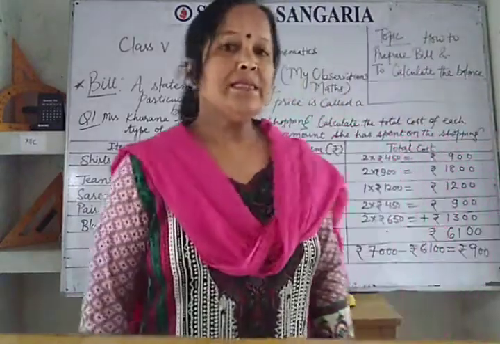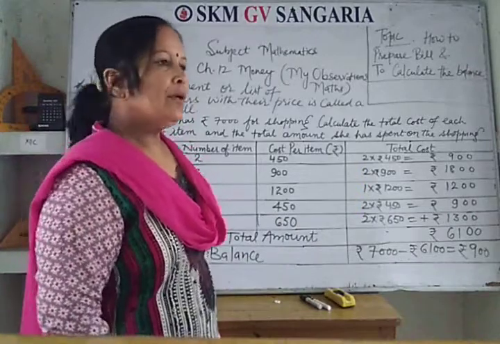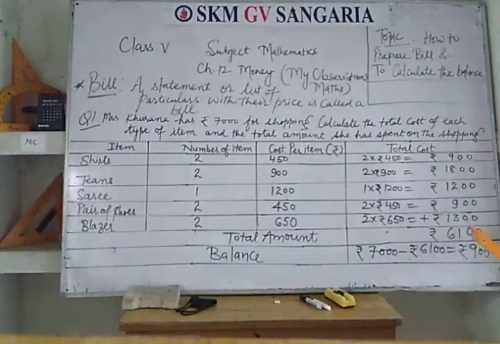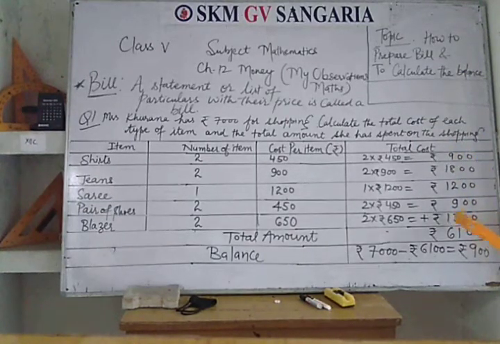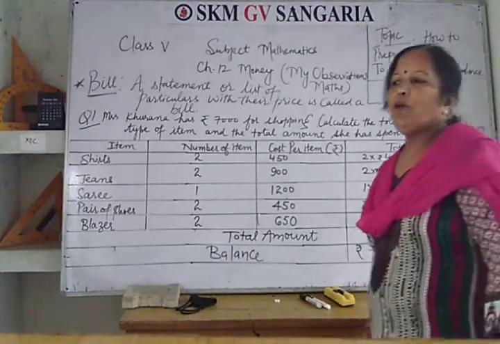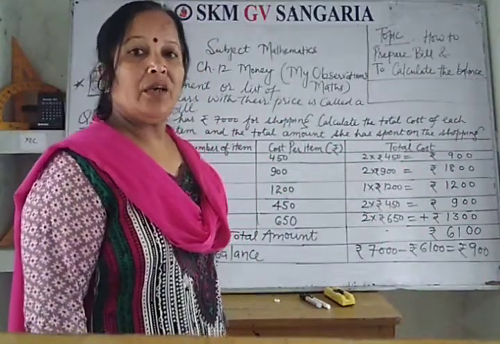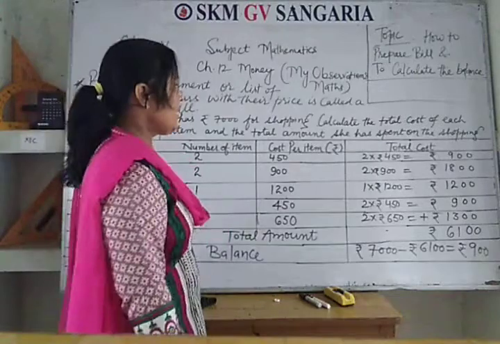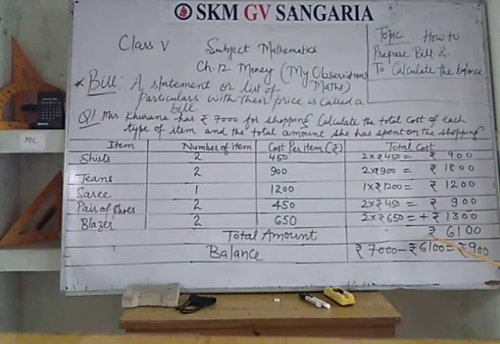Don't write here and there. Ones below ones, tens below tens, 100 below 100 and 1000 below 1000. Then the calculation will be very easy for you. Now, when you add the total, it will be rupees 6100.